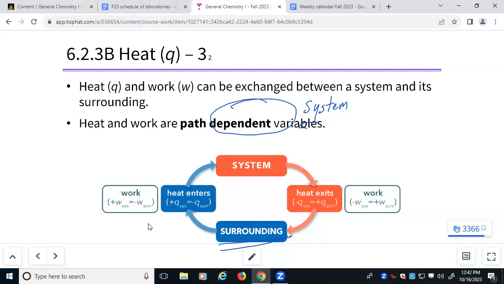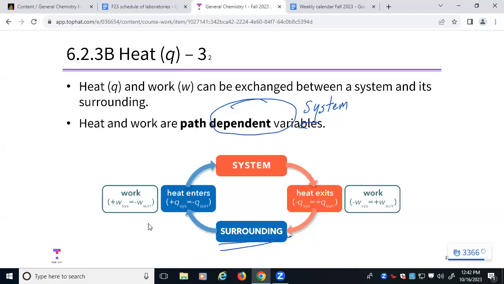Any change in work on the system has to be matched by a change of work in the opposite direction for the surroundings. We already talked about energy being zero sum if we look at it from a universal standpoint. Remember, universe means system and surroundings together.